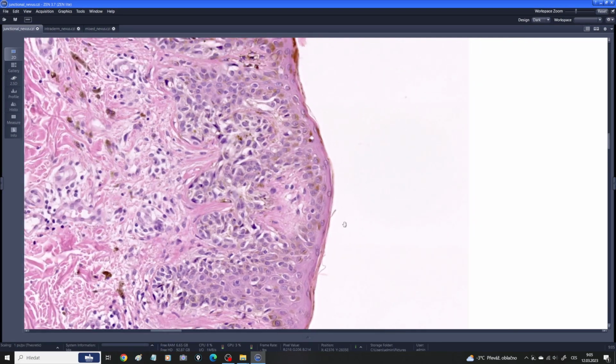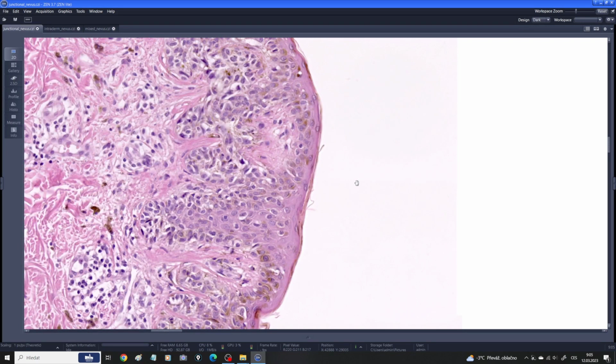Also, what we don't see here, and what we could see in the case of melanoma, is something we call pagetoid spread. Pagetoid spread means that single individual melanocytes start to grow and infiltrate, and they reach the upper portion of the epidermis.